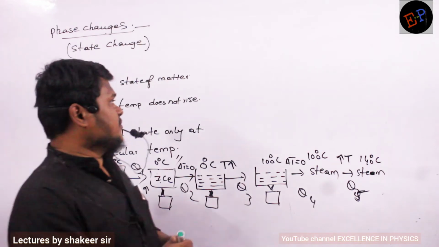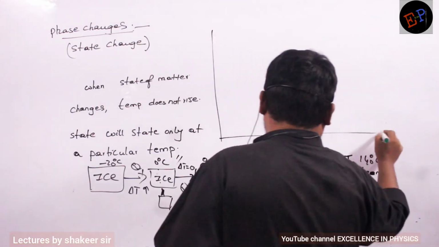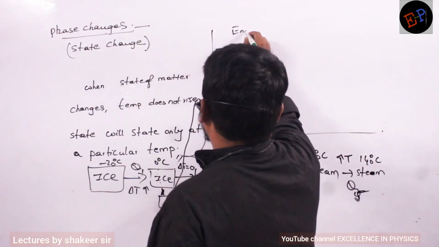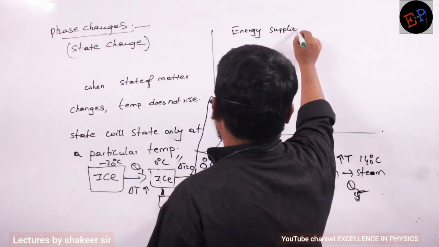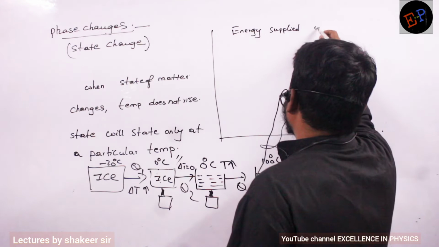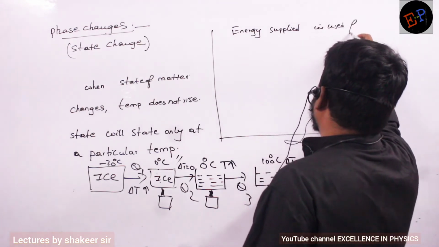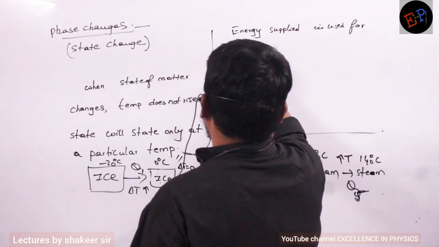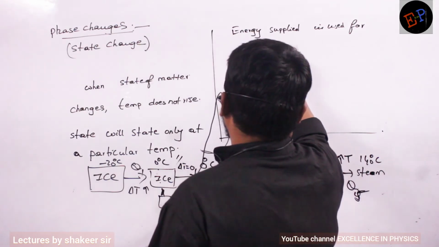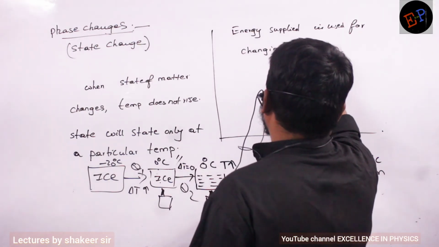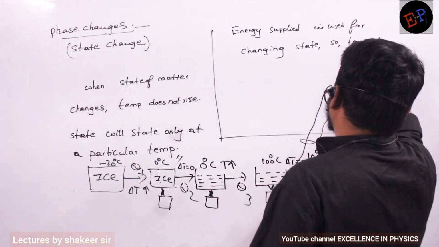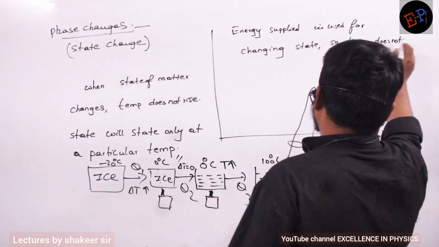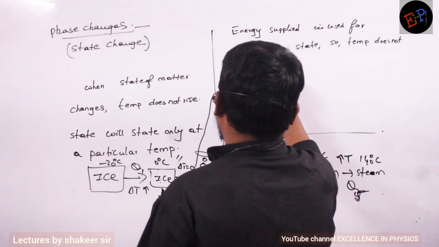Clear, no? So the energy supplied is used for changing phase or changing state, so the temperature does not rise. Understood?